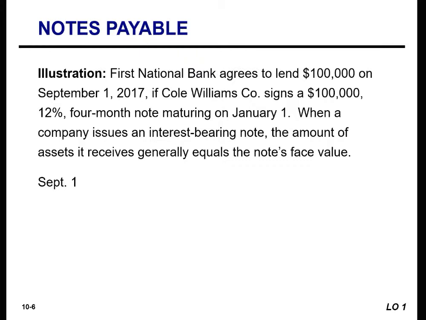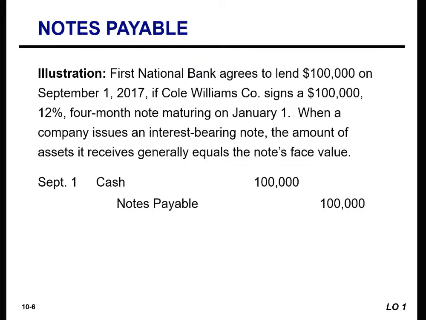When a company issues an interest-bearing note, the amount of the assets it receives generally equals the note's face value. So we will receive $100,000 in cash, and we'll recognize that we have an obligation or a liability to pay $100,000 in notes payable.